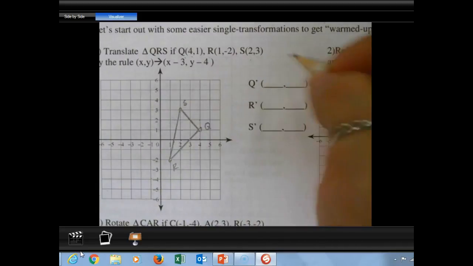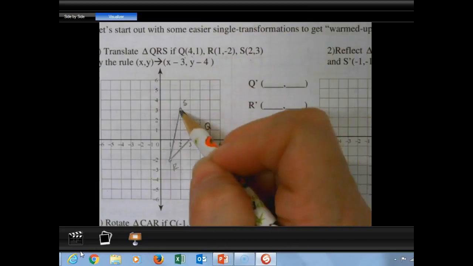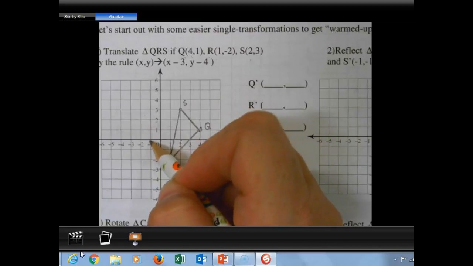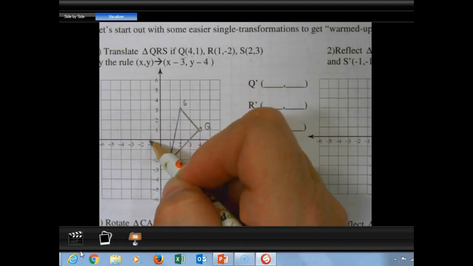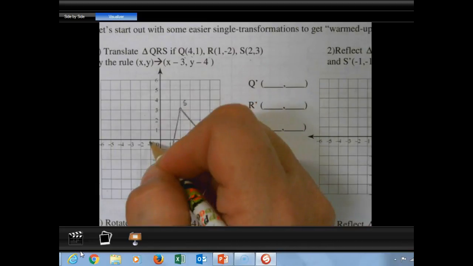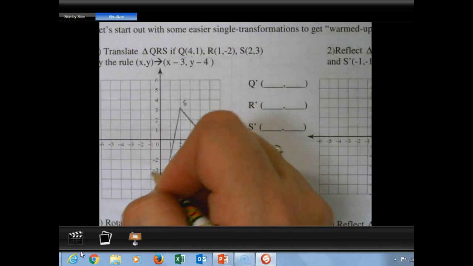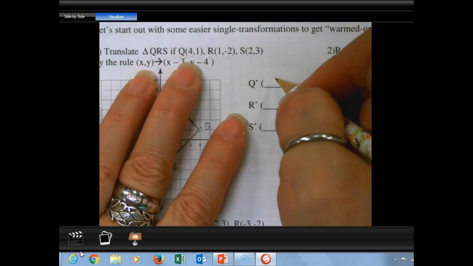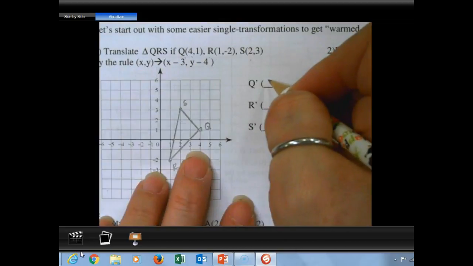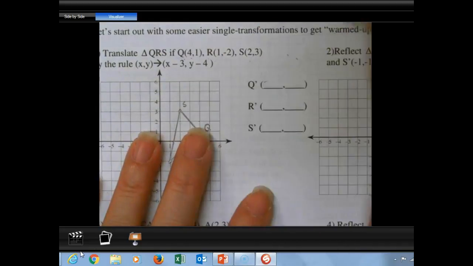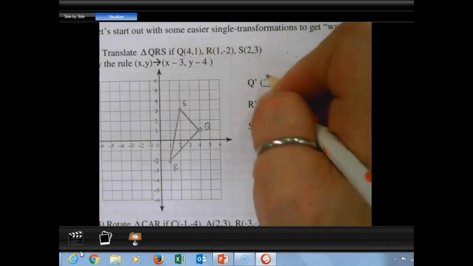So my translation is going to be x minus 3, right? y minus 4. So x minus 3 is going to be, sorry, not negative 1, because 4 minus 3 is 1, right?